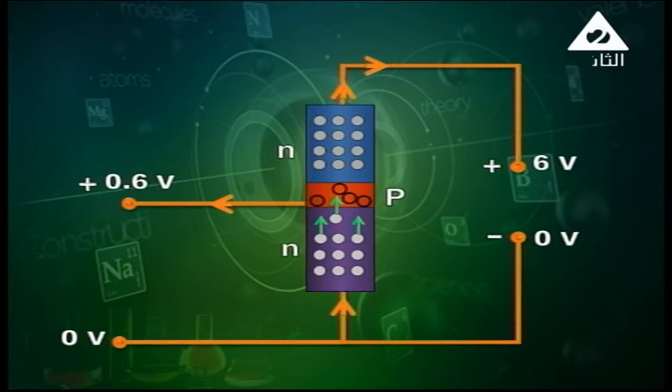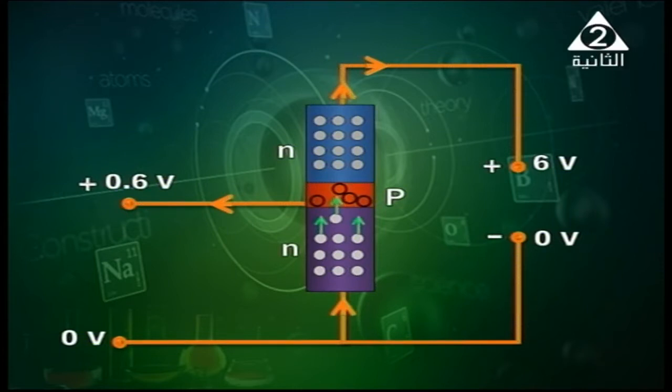So the base, in the NPN type, should be connected to a positive potential, at least 0.6 or 0.7 volt. In this case, electrons will flow from the emitter to the collector.